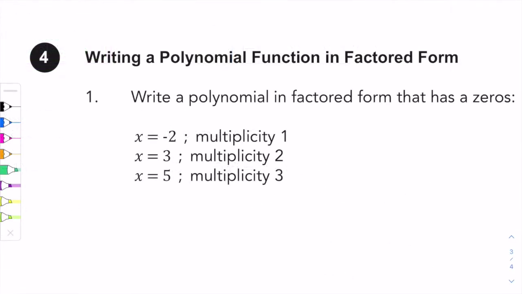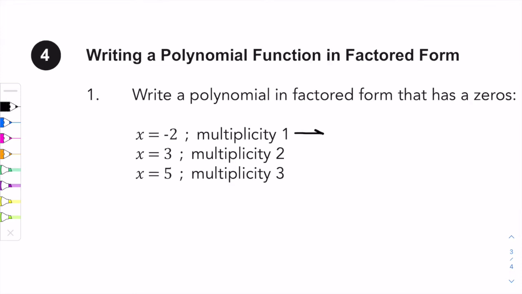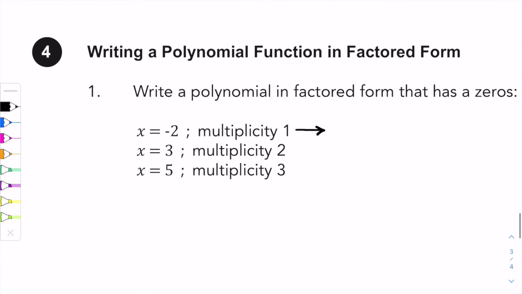For the next example, we want to write a polynomial in factored form that has the zeros listed here. I'm going to use the zeros that are listed, identify the multiplicity as an exponent, and then write my function in factored form. For the first one, we have a 0 at x equals -2 with a multiplicity of 1. If the 0 is at -2, that means the factor must be x plus 2.